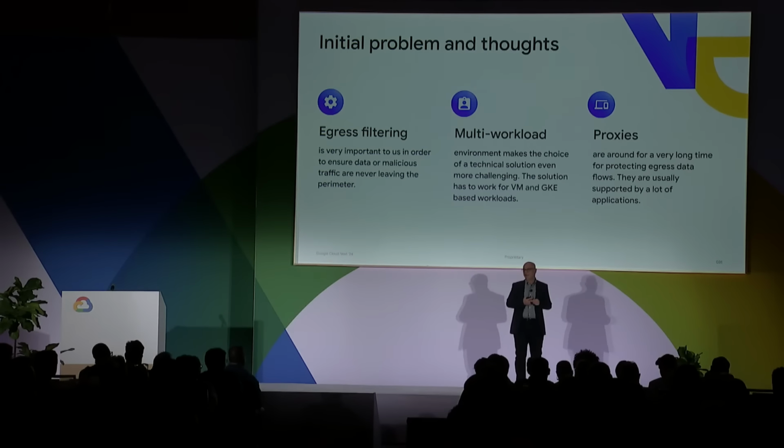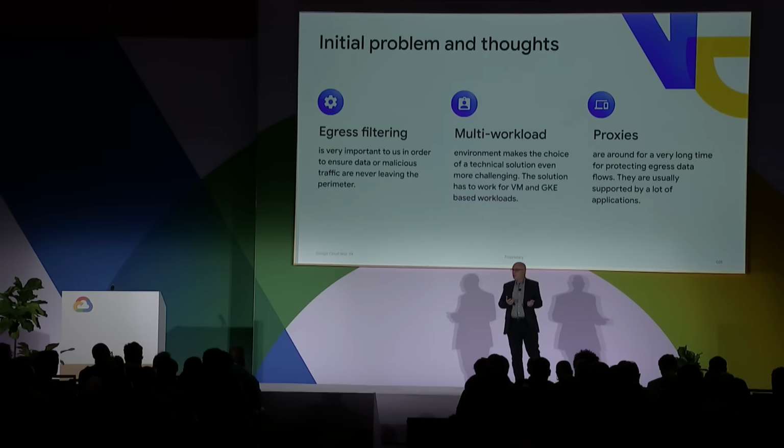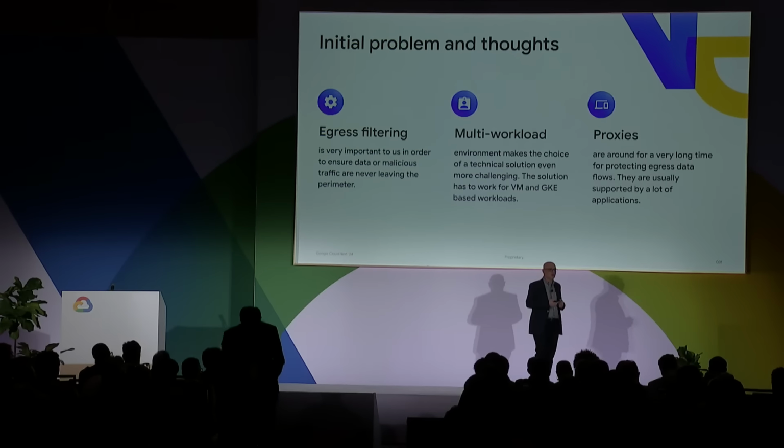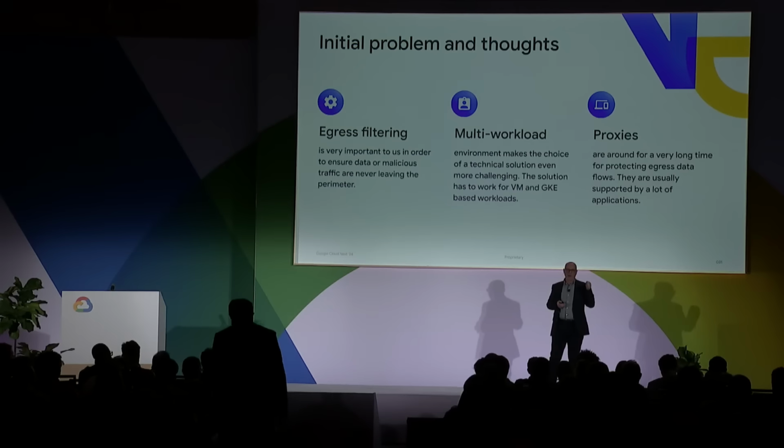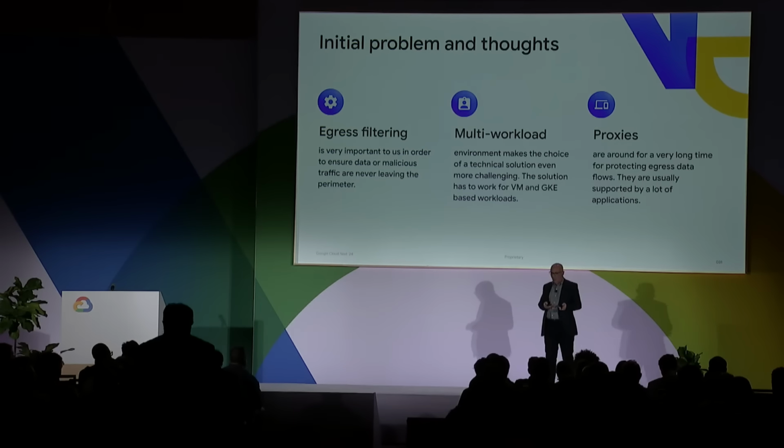I've been in the business for more than 2 decades, and Squid is the perfect solution. A proxy is the perfect solution if you want to get control of your outgoing traffic. Most applications support proxies. I know that there are some specificities for proxies, but it's not rocket science. We are not discussing AI or very advanced tools. We are discussing very common tools to secure outgoing traffic.